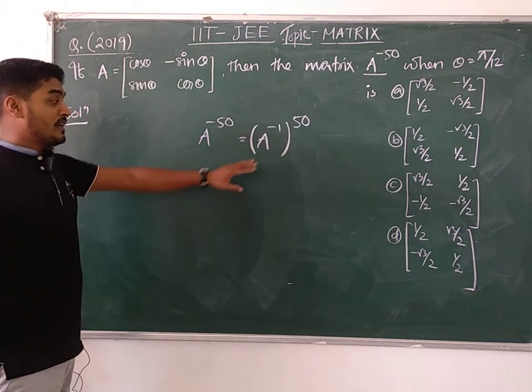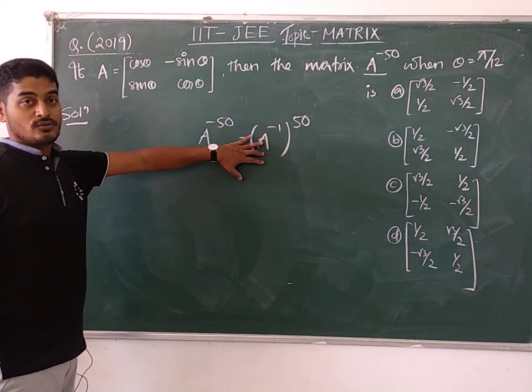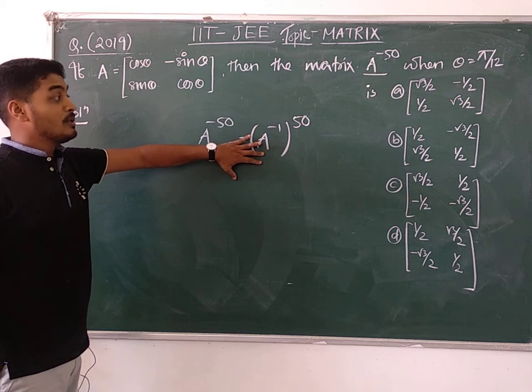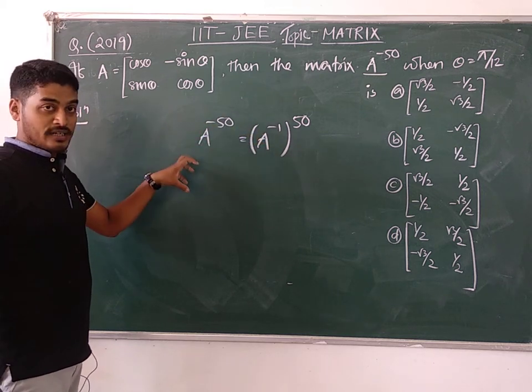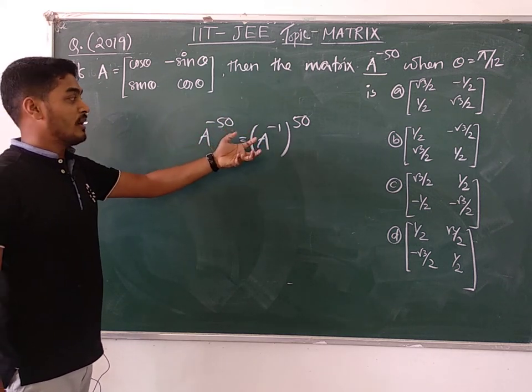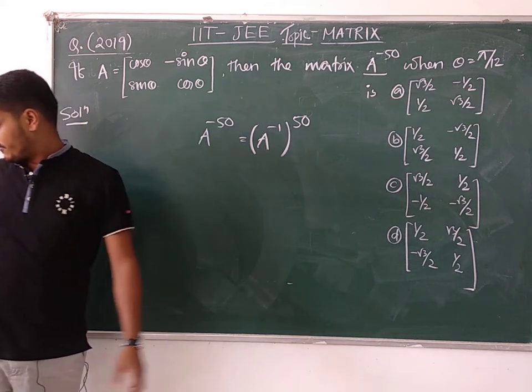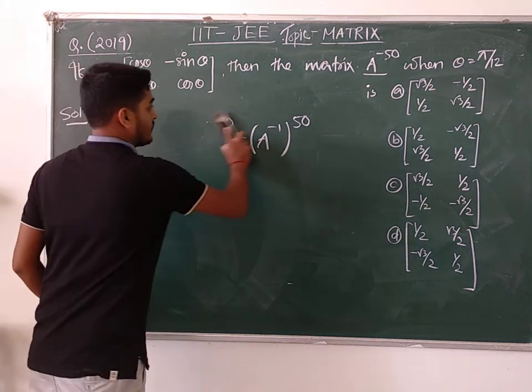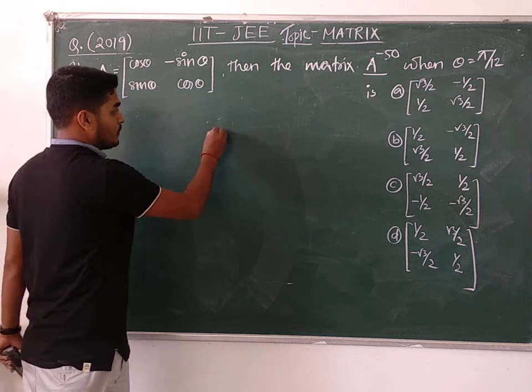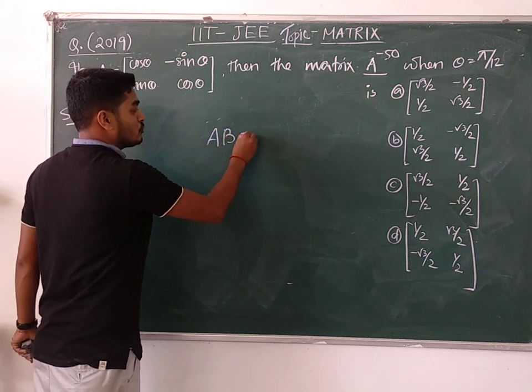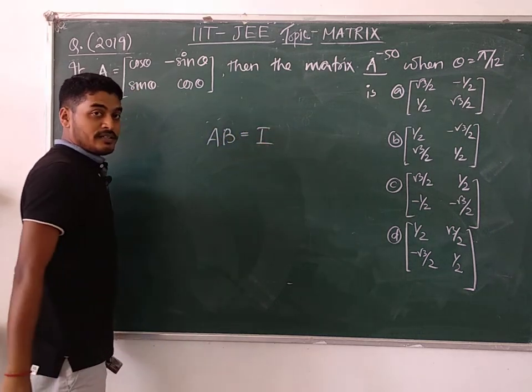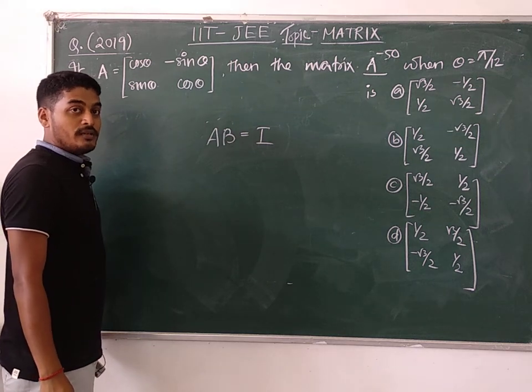I think we can easily find the value of A inverse of a 2 by 2 matrix. So that's why we will proceed in this way. First of all, we will try to find out the inverse. Then we will try to find out the value of A inverse whole to the power 50. So how can we find out the inverse? Very simple procedure is there. We know that if the product of two matrices is equal to an identity matrix, then one of them is known as the inverse of the other.